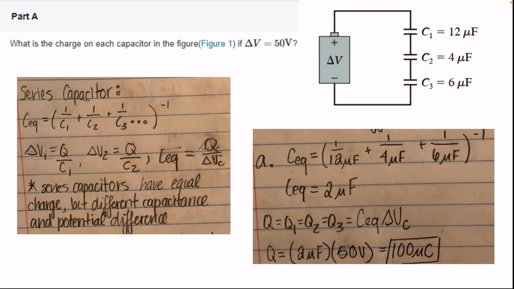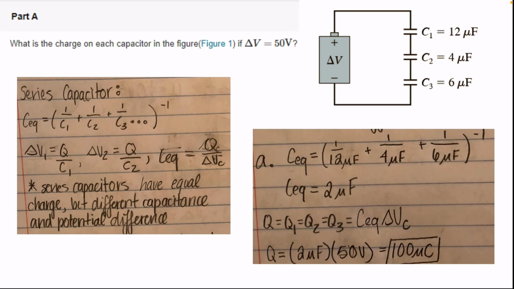And I kind of just noted once again that all of those capacitors are actually going to have the same charge, which is going to equal CEQ times change in potential difference. And we can use that more overarching equation because, once again, that charge is consistent for each capacitor.